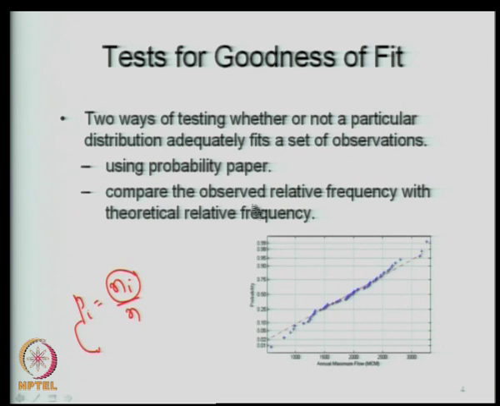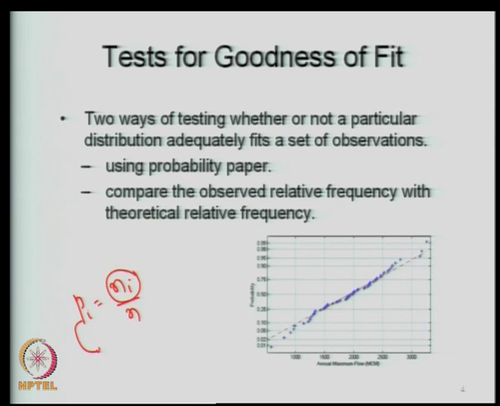By comparing these two, the observed relative frequency with the theoretical relative frequencies, we can conclude in some statistical sense, with some degree of confidence, that the data that we have can be approximated to follow a particular distribution.